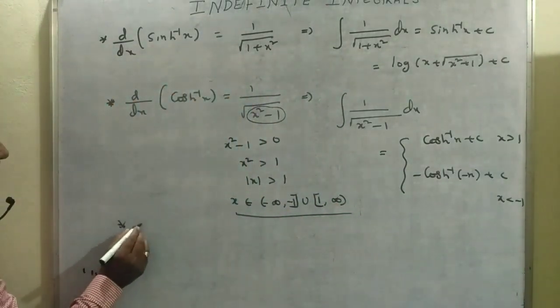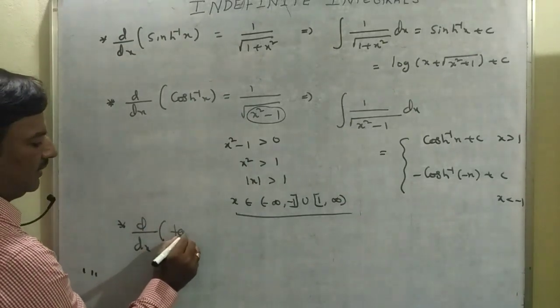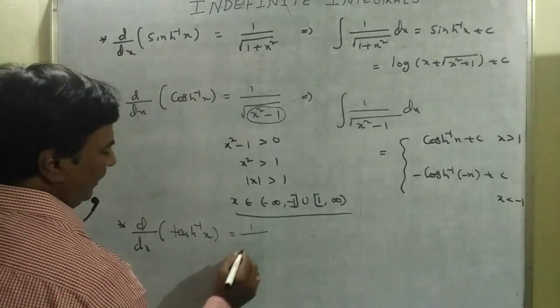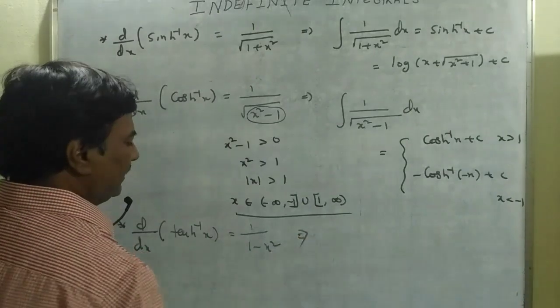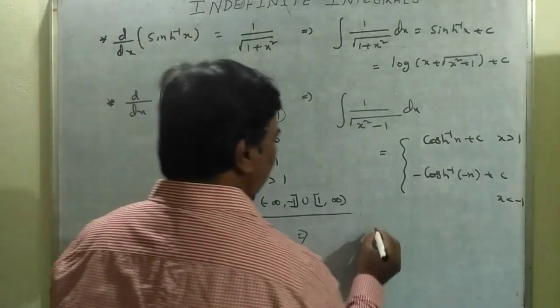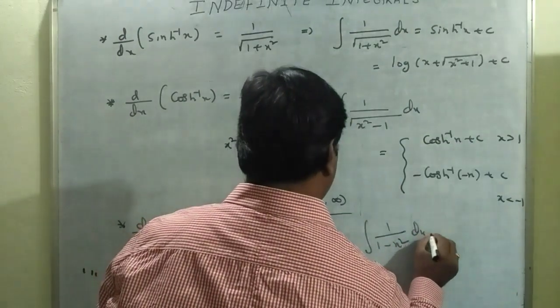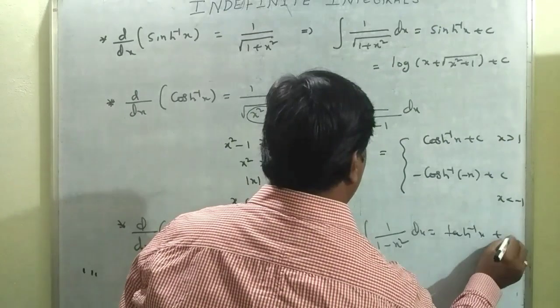Then d/dx of tanh inverse of x is equal to 1 by 1 minus x squared, so the reverse process is the integral of 1 by 1 minus x squared dx equals tanh inverse of x plus c.